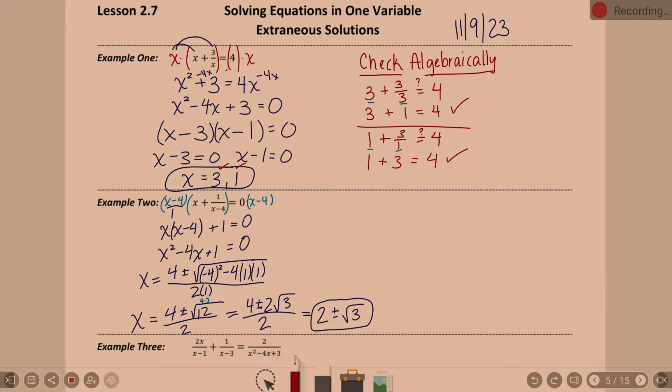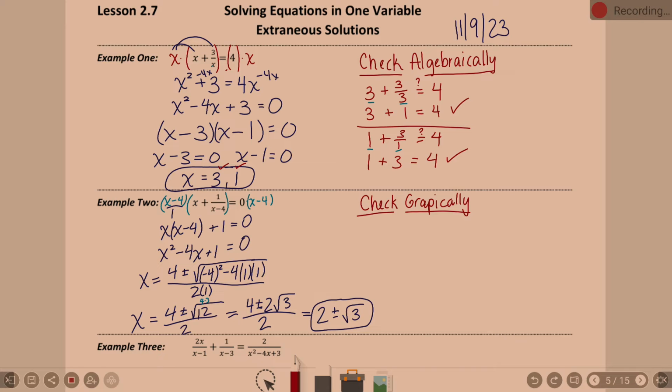So we're going to talk this time about how you can check it graphically. I like that. Now, in order to check this graphically, these are our solutions we have, right? Where are these solutions going to be on the graph? Where do you find solutions on the graph?